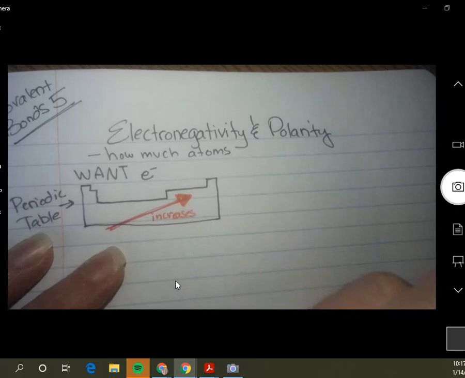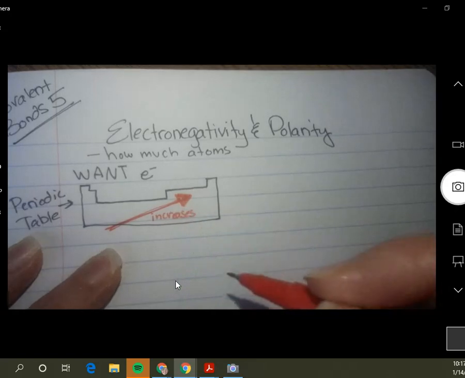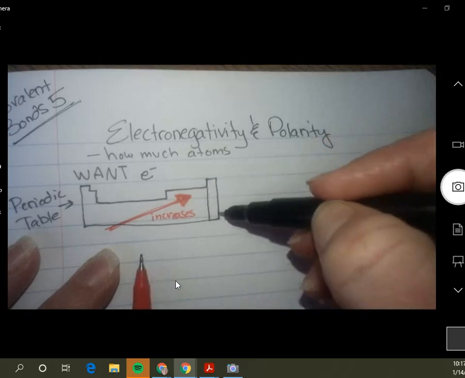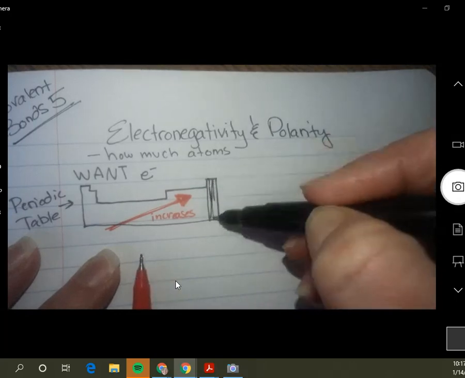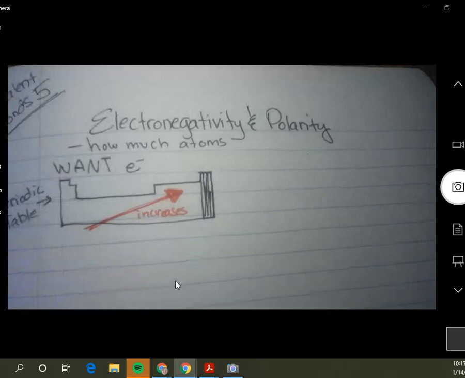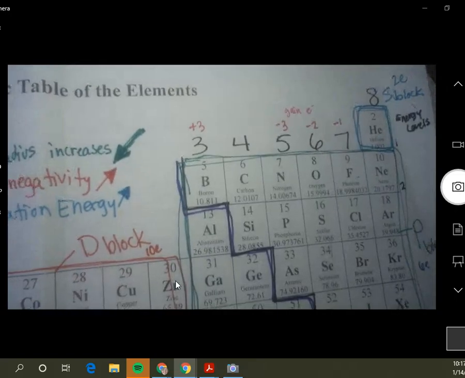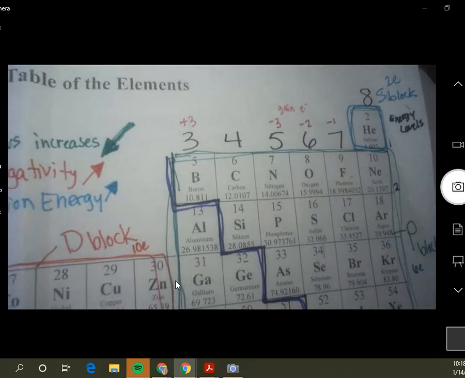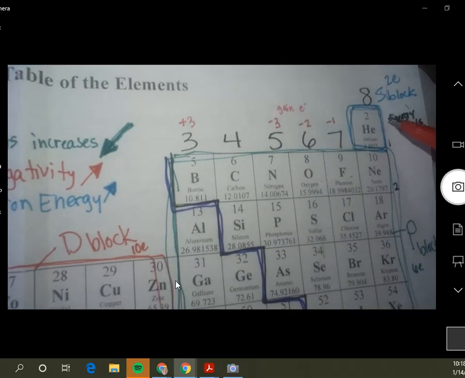What is the most electronegative element? Because we're not really going to look at the noble gases. They're already satisfied. So think about your periodic table. Pull that out. What is the element that is highest and to the right? It's a noble gas there, right? So it's satisfied.